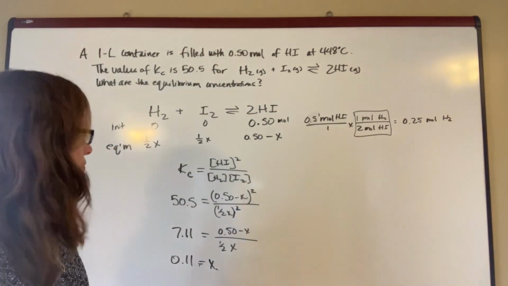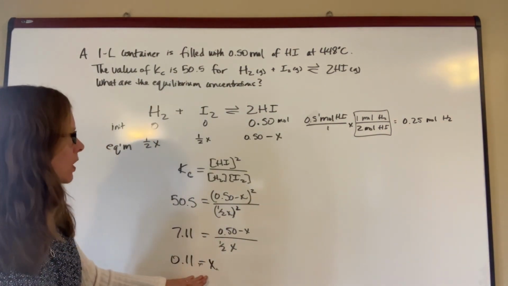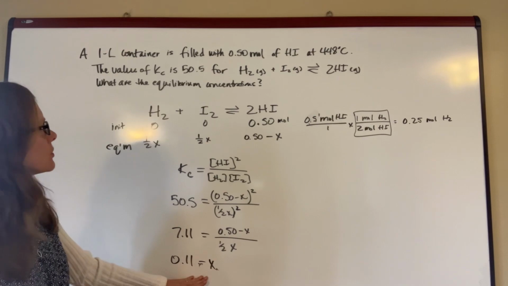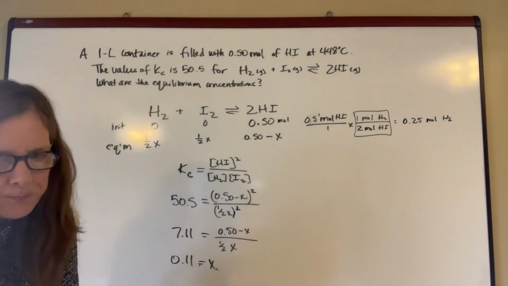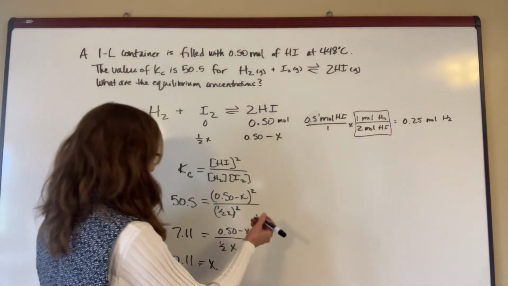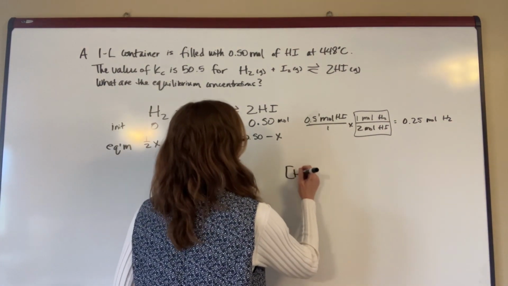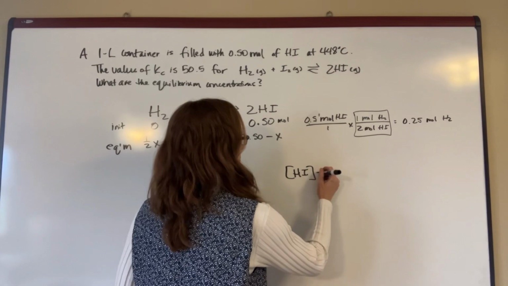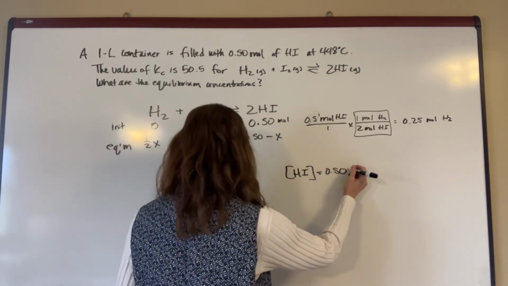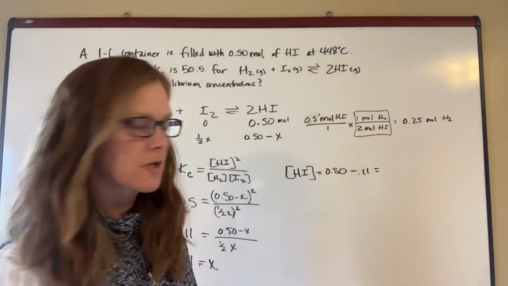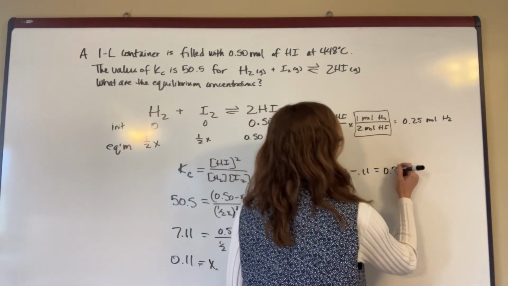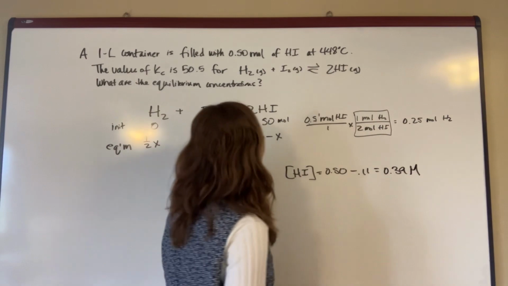All right, so if X is 0.11, what is that going to make my equilibrium concentrations? Well, my HI concentration, hydrogen iodide, is going to be 0.50 minus 0.11, which is going to give me 0.39 molar.